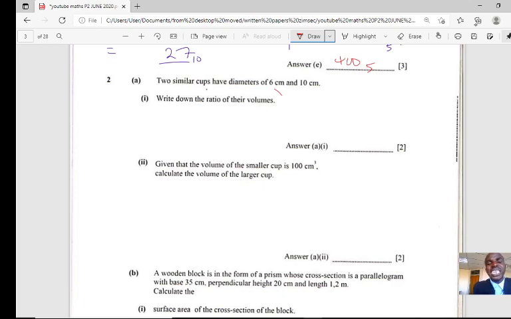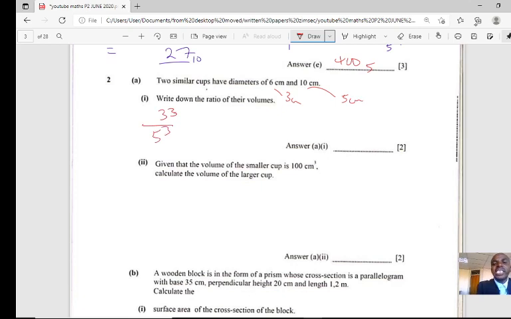For example, these are the diameters of the cups given. 6 centimeters diameter, what will be the radius? 6 divided by 2. It will be 3 centimeters. Then on this one, 10 centimeters divided by 2, 5 centimeters radius. So you just say 3 cubed over 5 cubed.